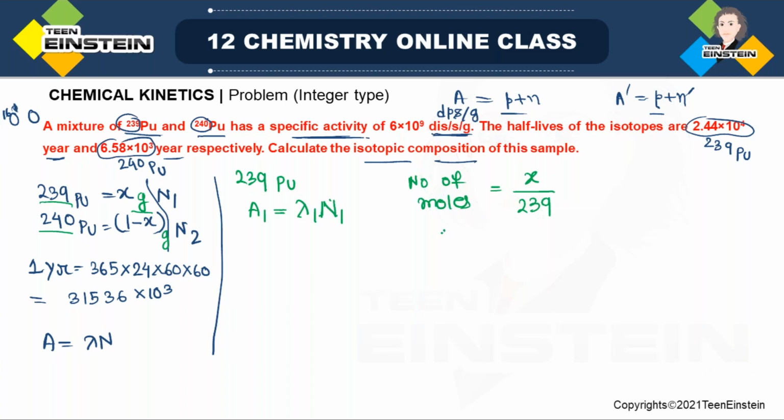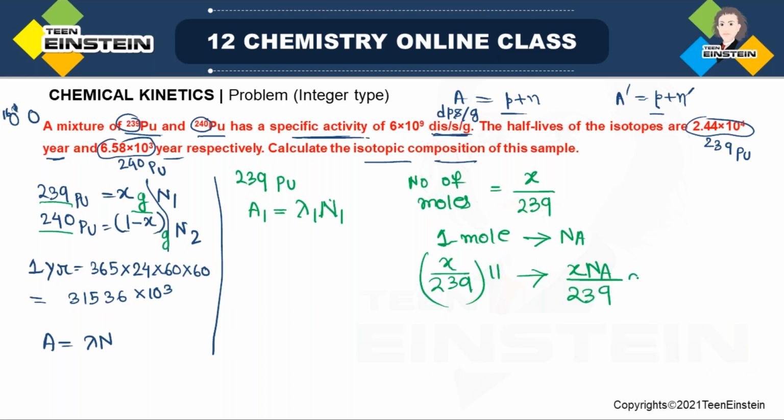Now we know that in 1 mole there is Avogadro number of atoms. So if it is X divided by 239 moles, the number of atoms will be X N_A divided by 239. So this is actually equal to N1.